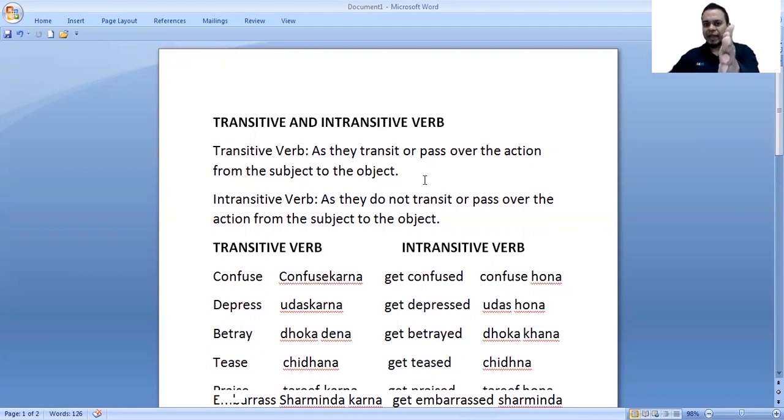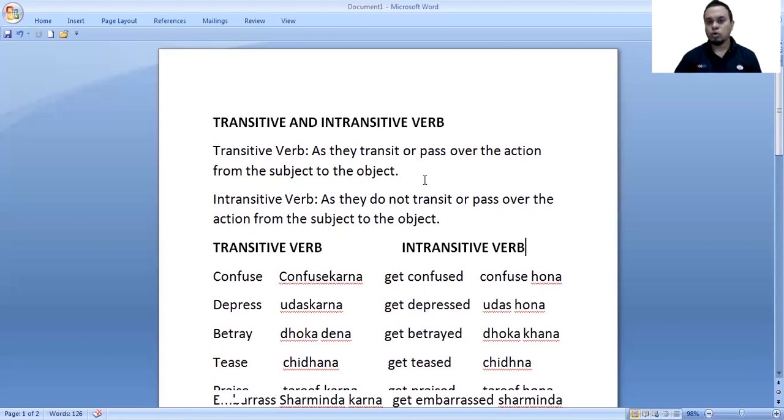But the moment my hand gets into the contact of someone, the action of beating is created. Therefore, to create an action with the transitive verb, an object is needed.